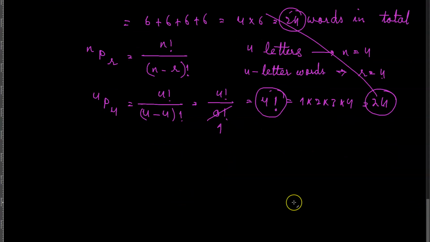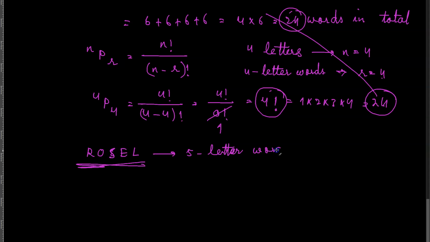Now what's interesting is that if you try the same thing for another 5 letters, for example, suppose that you have R, O, S, E, and for example, L. Using these 5 letters, you want to create 5-letter words.